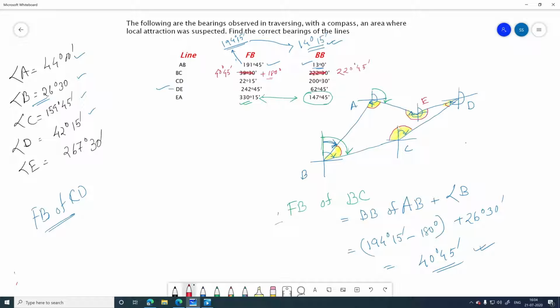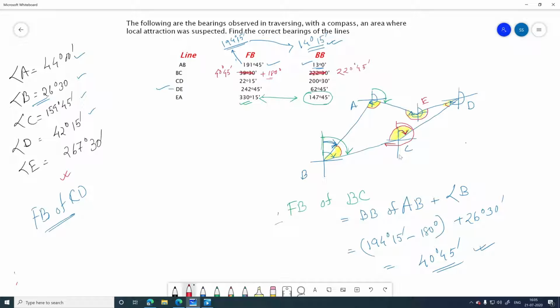So the correct value of the back bearing of BC, that means this particular total angle, is 220 degree 45 minutes. Now if you subtract the exterior angle C, you will get the forward bearing of CD that we need to determine.